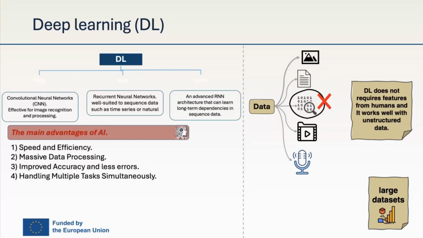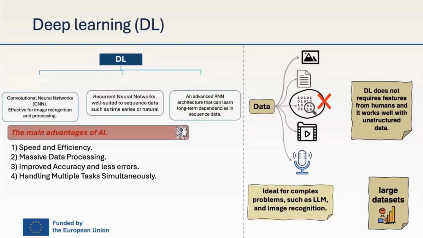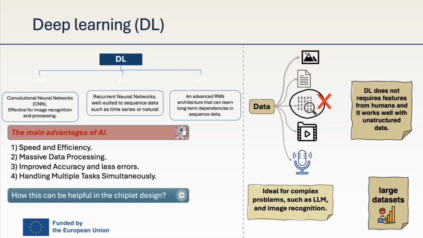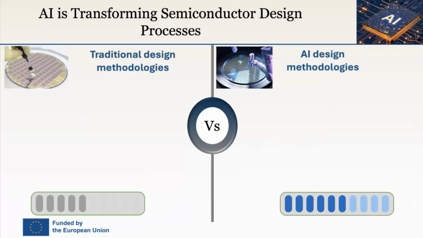Deep learning is also very suitable to deal with large data sets. And finally, it is very suitable for advanced problems like large language models and image recognition. Now, how can we apply deep learning, or AI in general, in chiplet design? Let's see in the next slide how we can do this.